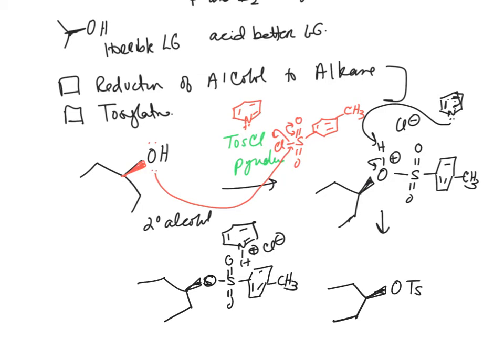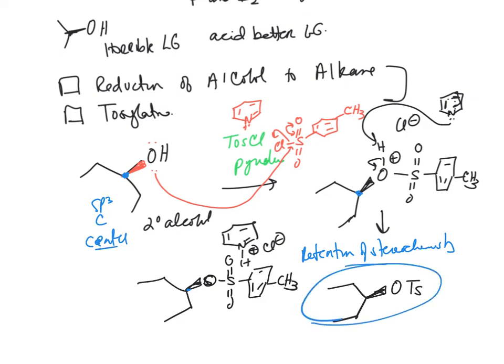Now, also note that the stereocenter has not been inverted. See, we have retention. This is called retention of stereochemistry because we have not touched that sp3 carbon center. We have not touched that carbon. So we retain the stereochemistry. Now, tosylates are nice because they're not done under acidic conditions.